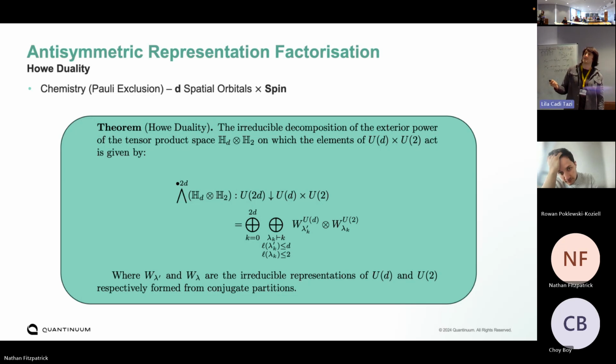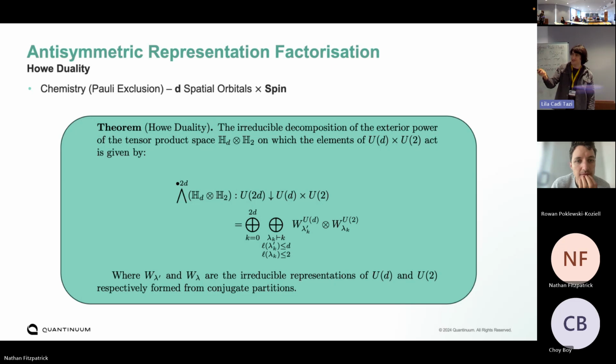You can go down to a subgroup, and then that breaks up into these two conjugate representations, lambda-dash and lambda, and essentially these partitions. So that the basic U(D) cross U(2). U(2) can't have as a partition that can't.